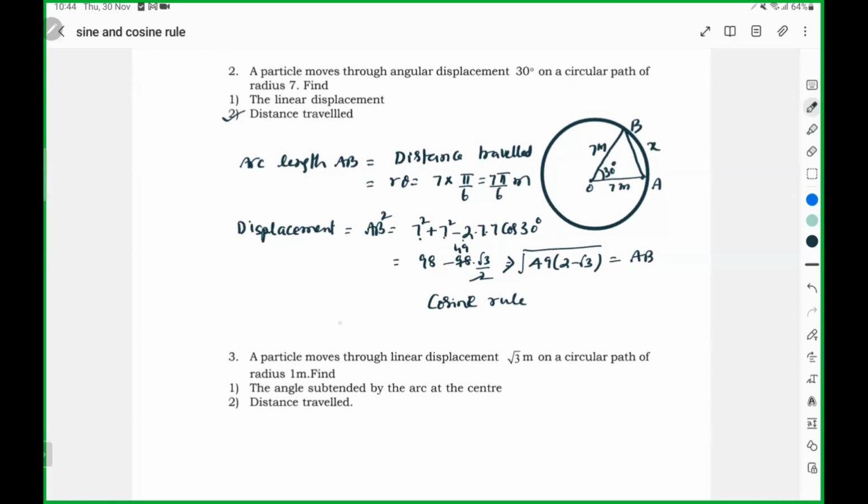Sine rule means x by sine 30 is equal to the radius by sine of the remaining angle. 30 means the remaining angle is 150, so it will become 75, 75. So 7 by sine 75. So x becomes 7 into sine 30 by sine 75. This way also you can find the displacement.